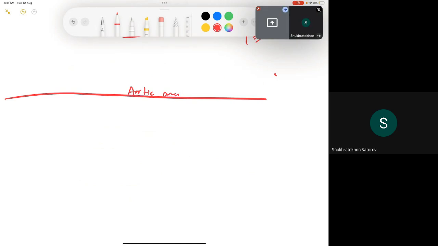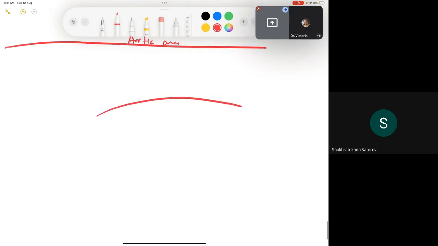Okay. So we have aortic aneurysm, right? So let's discuss the concept of aortic aneurysm. Everyone knows aortic aneurysm is a pathological dilatation of the aorta, right? Since we know that the aorta is a really big vessel, the biggest vessel of your body, the biggest artery carrying oxygenated blood, right?